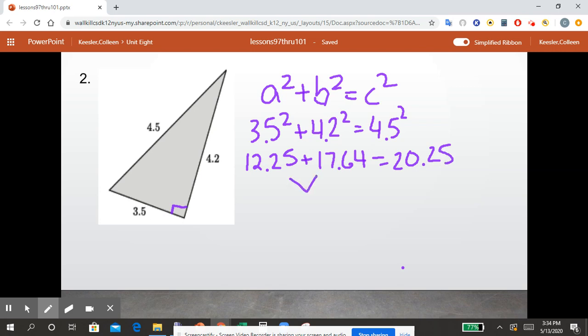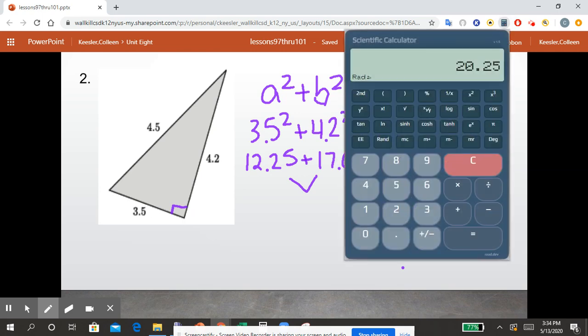Then we want to add these two to see if they actually add up to 20 and a quarter. We can use our calculator so we don't make any silly mistakes. So we have 12.25 plus 17.64. Oh, I made a mistake. 12.25 plus 17.64 equals 29.89.